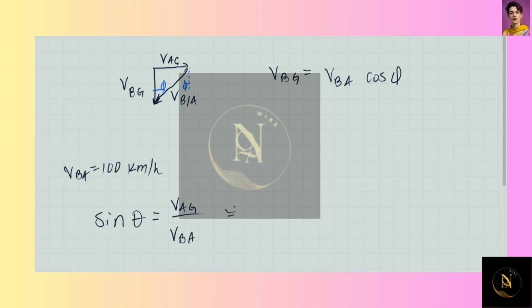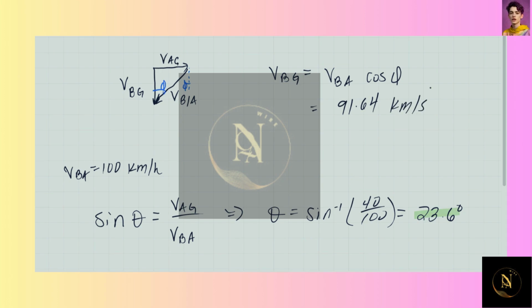So this is the inverse sine of 40 over 100, which is 23.6 degrees. So we're going to use this angle to find the velocity of the bird. So 100 cosine of 23.6 degrees is 91.64 kilometers per hour.